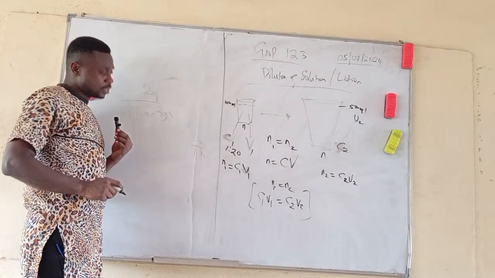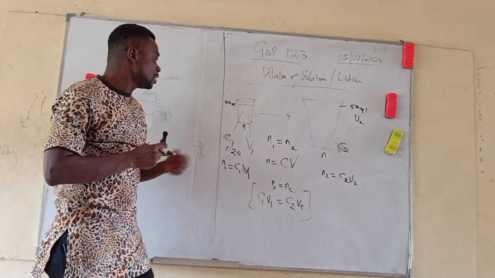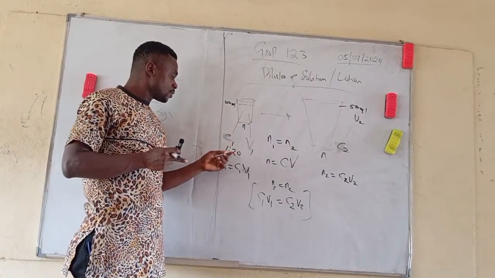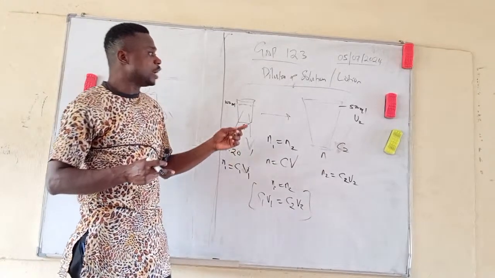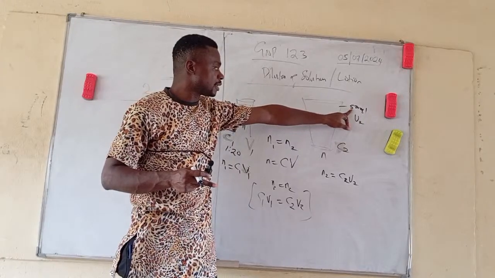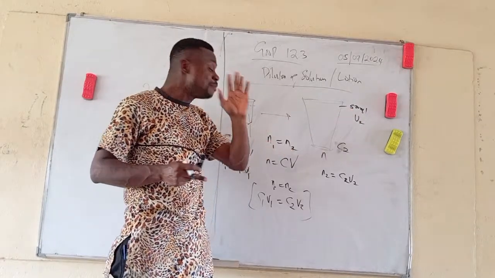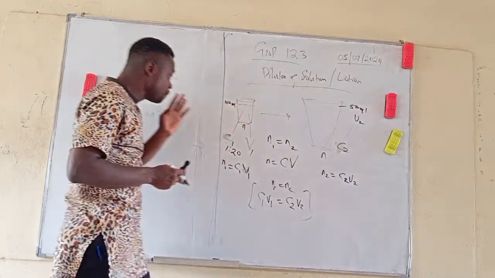Good. And the V2 is equal to what? Let's assume this is 100 ml, 1 is to 20, and you are told to prepare 500 ml. In fact, let me give you sample questions that you may see.